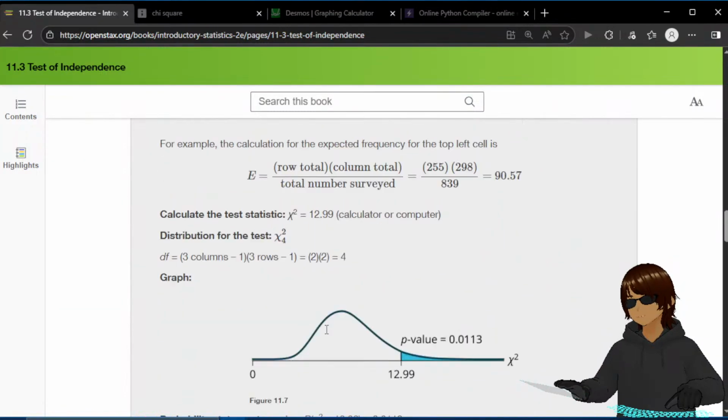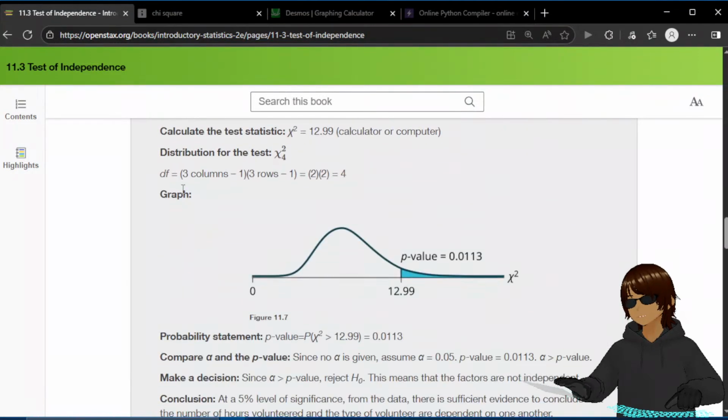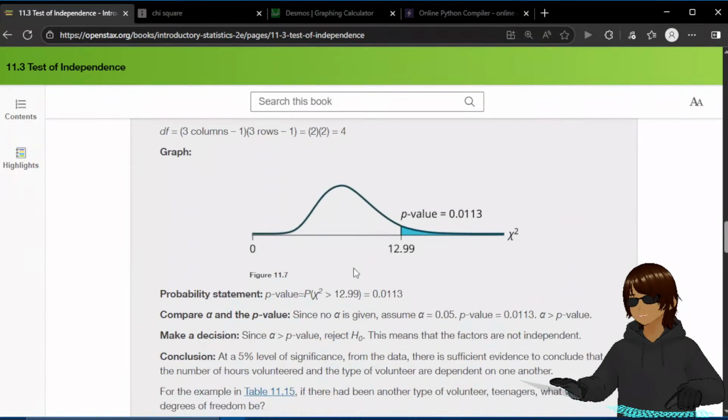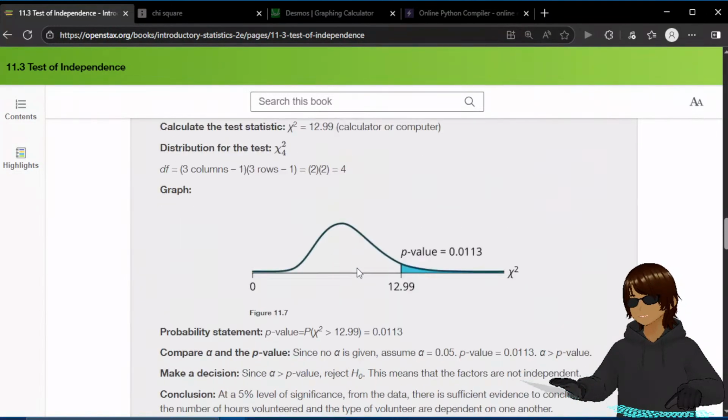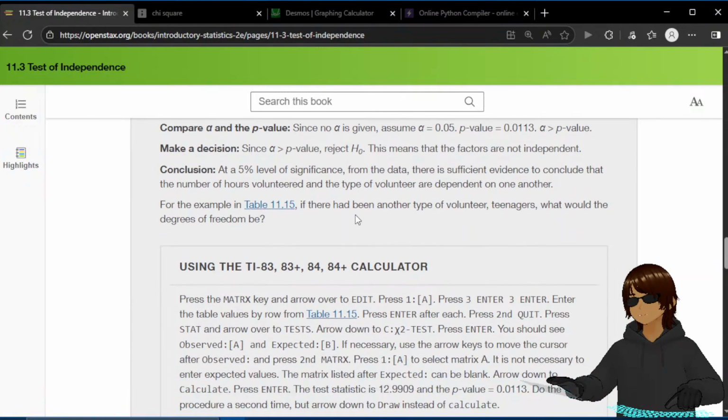And then we end up at 12.99. Okay, understood how they did it. Degrees of freedom, 2 times 2 is 4. Understood how they did it, but one exercise would take so long. So we reject the null hypothesis. This means that the factors are not independent.